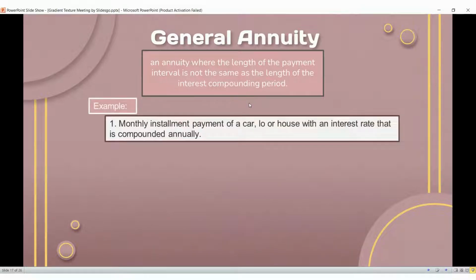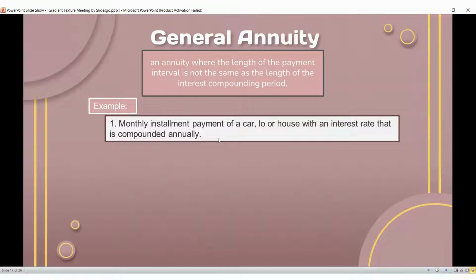Next, examples. Number 1, monthly installment payment of a car, loan or house with an interest rate that is compounded annually. So yung payment interval niya ay monthly installment and yung compounding period naman niya ng interest ay annually.